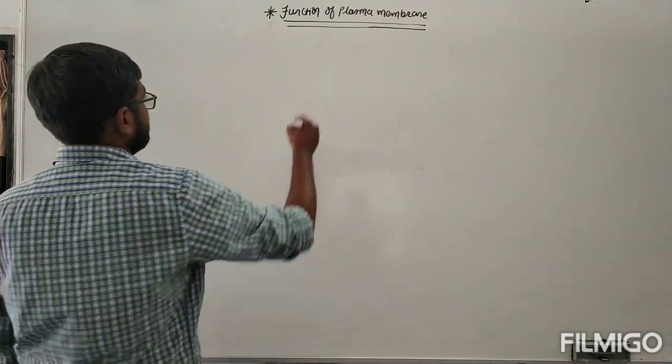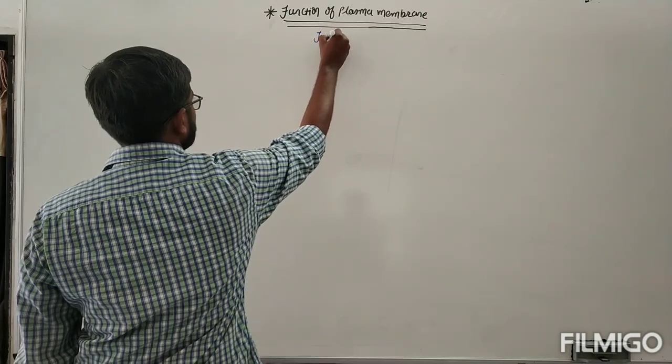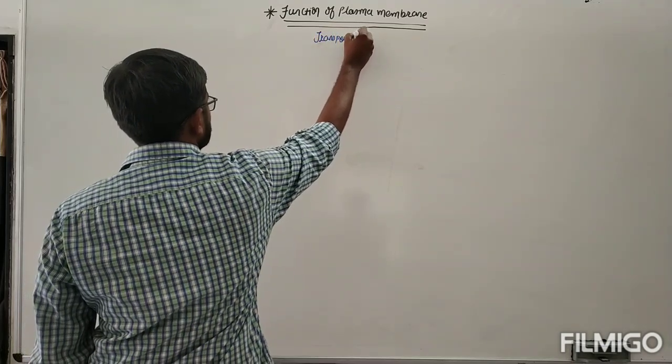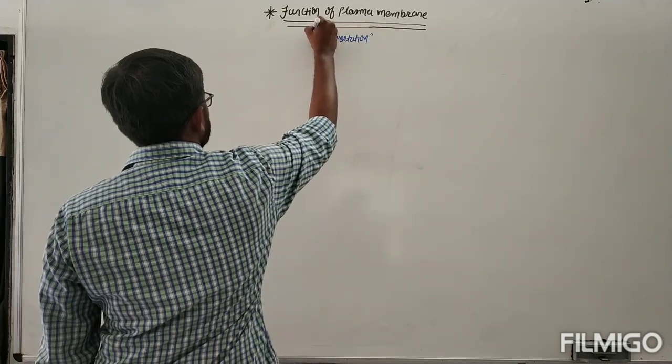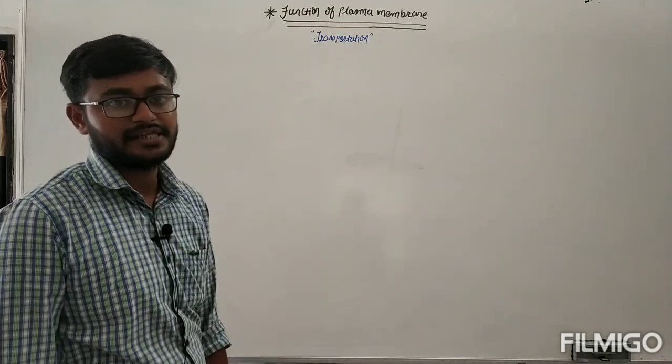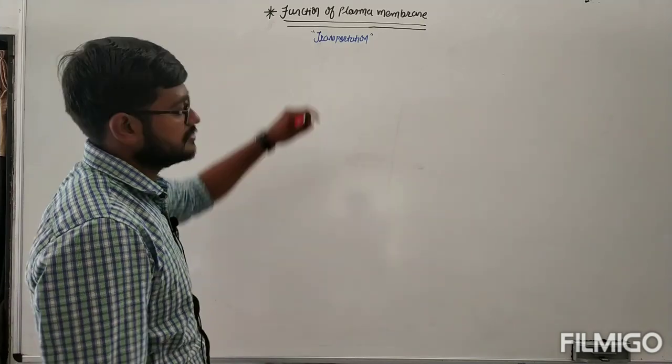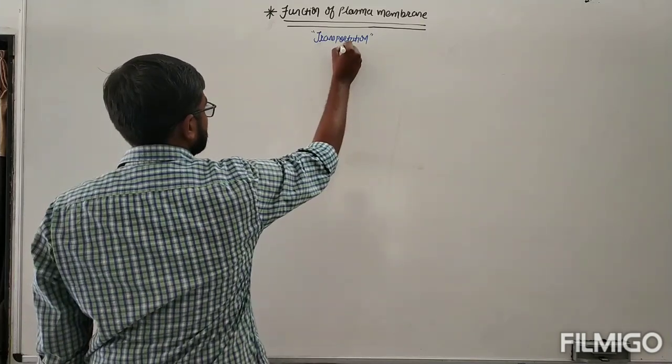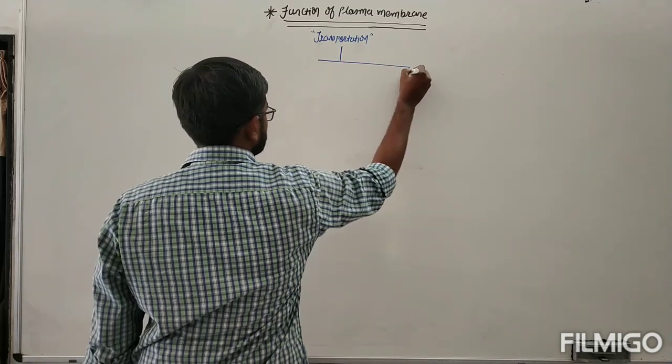The most important function of the plasma membrane is transportation. Transportation of what? The transportation of molecules in and out of the cell. So they help in the process of transportation. There are two means of transportation. How many?